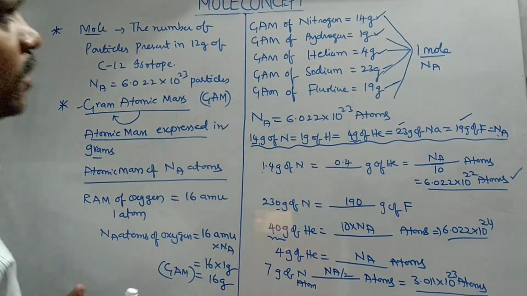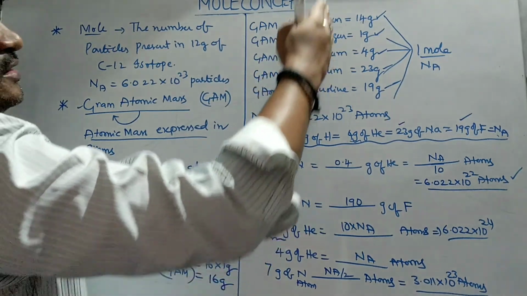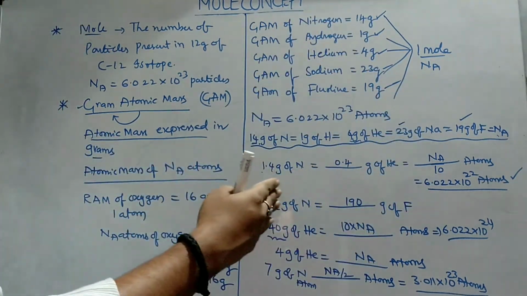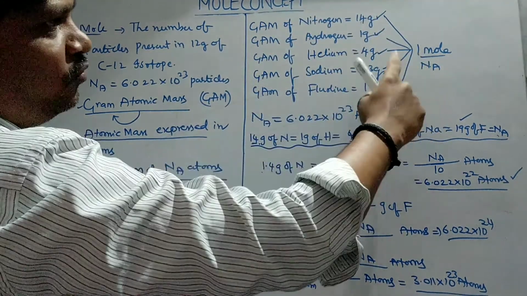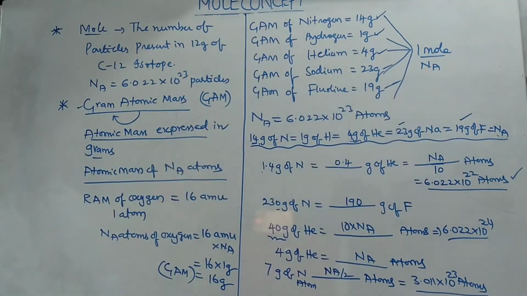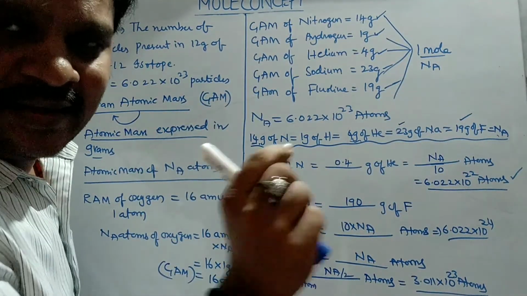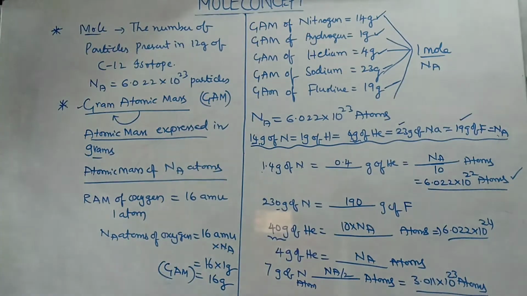Okay. So gram atomic mass. If you take any atom, its gram atomic mass is nothing but 1 mole. It is equal to the Avogadro number, 6.022 into 10 power 23 atoms.